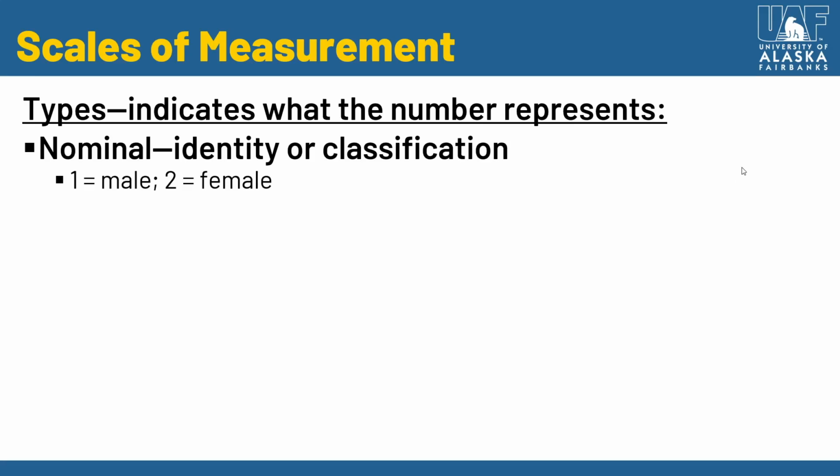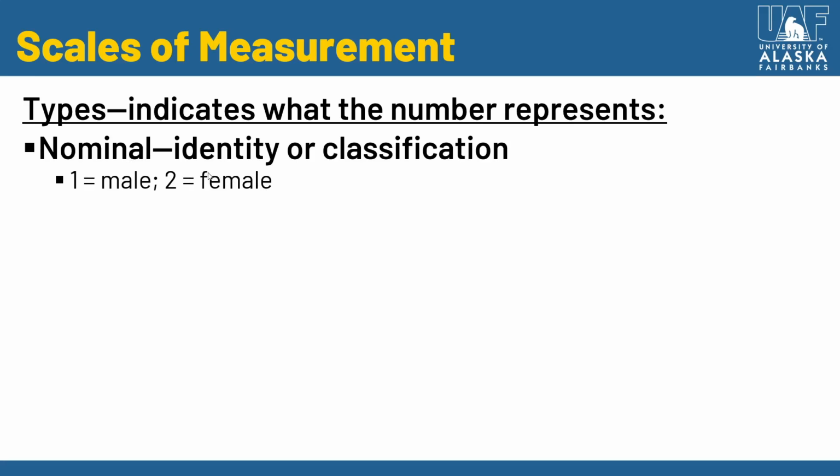So nominal, we're basically categorizing things, right? We might measure things or use numbers to basically just classify or organize it. So say, for example, I'm doing a study and I ask a basic question asking people's sex, and obviously I'm just conforming to the binary here for the sake of example, but 1 is male, 2 is female. We're just grouping things.